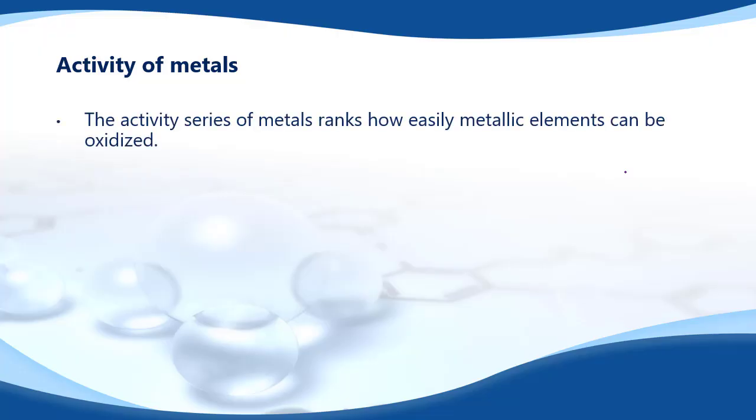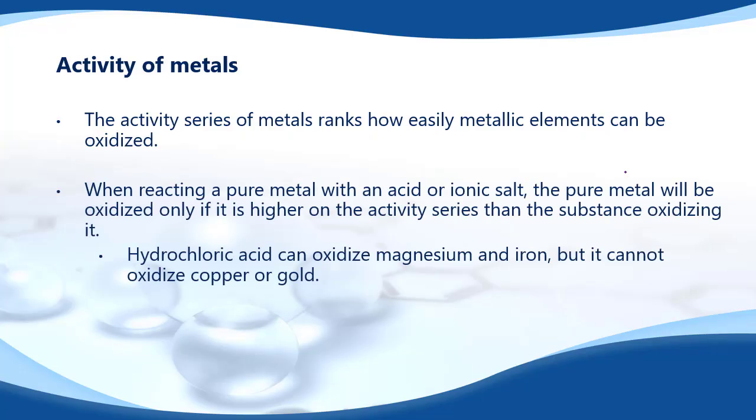Right, so the activity series just ranks how easily a metal can be oxidized into its positive charged ion. The higher up it is, the easier it is for that element to lose electrons. When you are reacting a pure element with another substance, like in a single replacement reaction, that pure metal will only react if it's higher on the activity series than the thing that's taking its electrons.